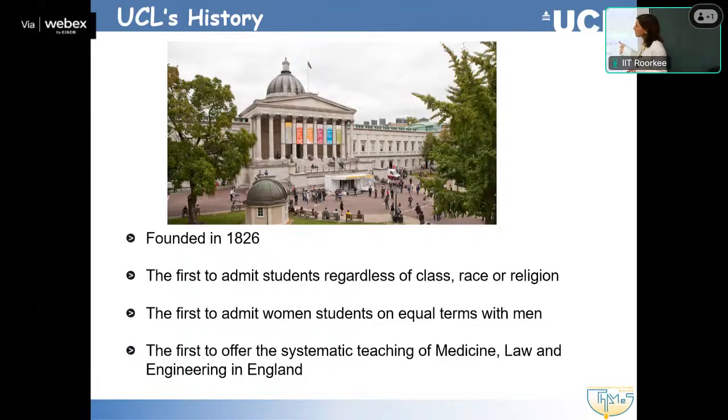It was the first to admit students regardless of class, race, or religion. In the old days, the big universities, Oxford, Cambridge, and some others in the north, were all based on religious admissions. And it was the first to admit women students on equal terms with men. And it offered the systematic teaching of medicine, law, and engineering in England.